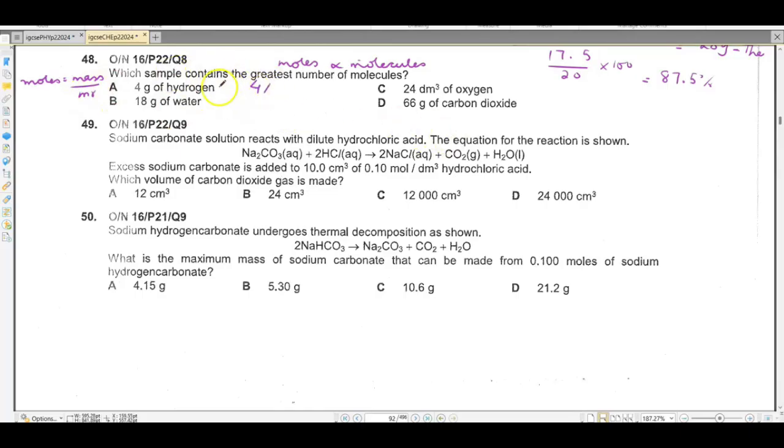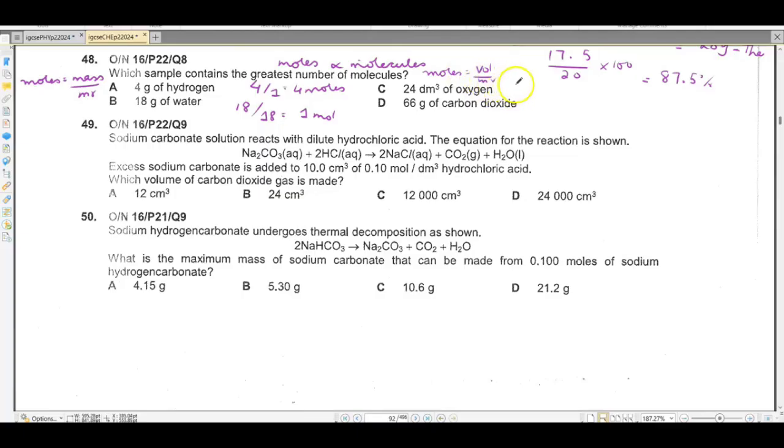So 4 is the mass, and for hydrogen, Mr is 1, so 4 moles are there in 4 grams of hydrogen. For water, the mass is 18 grams, and 16, 17, 18 is the Mr for water. So this gives us 1 mole. For 24 decimeter cubes of oxygen, over here we have to use the formula moles is equal to volume by molar volume.